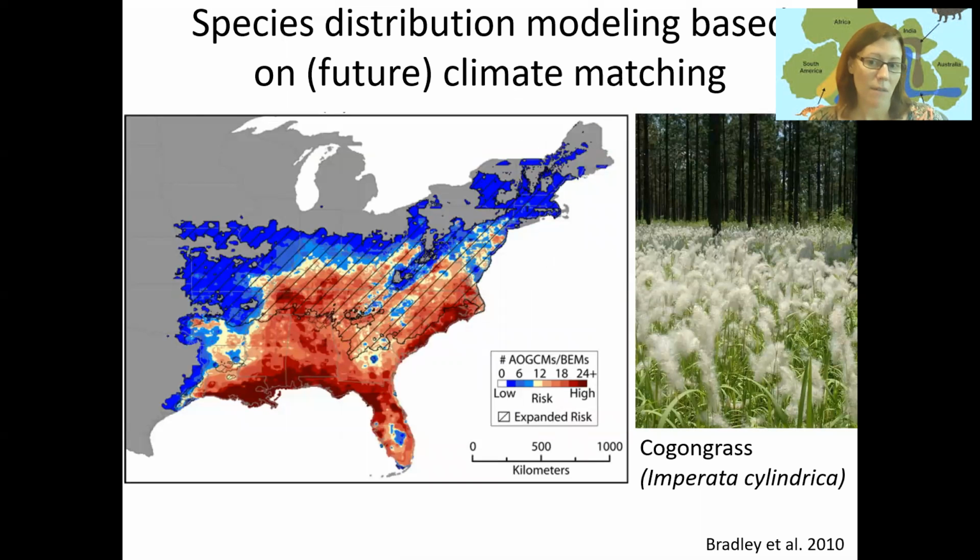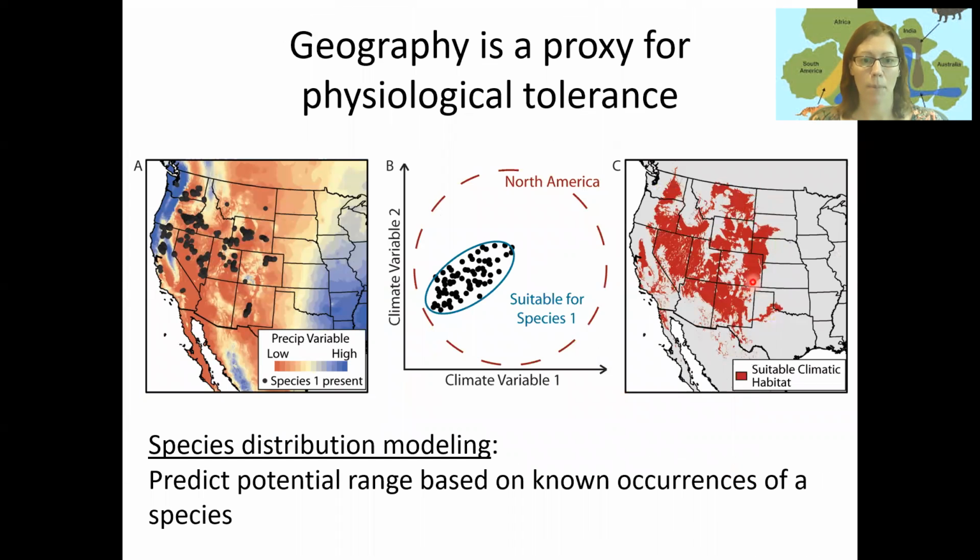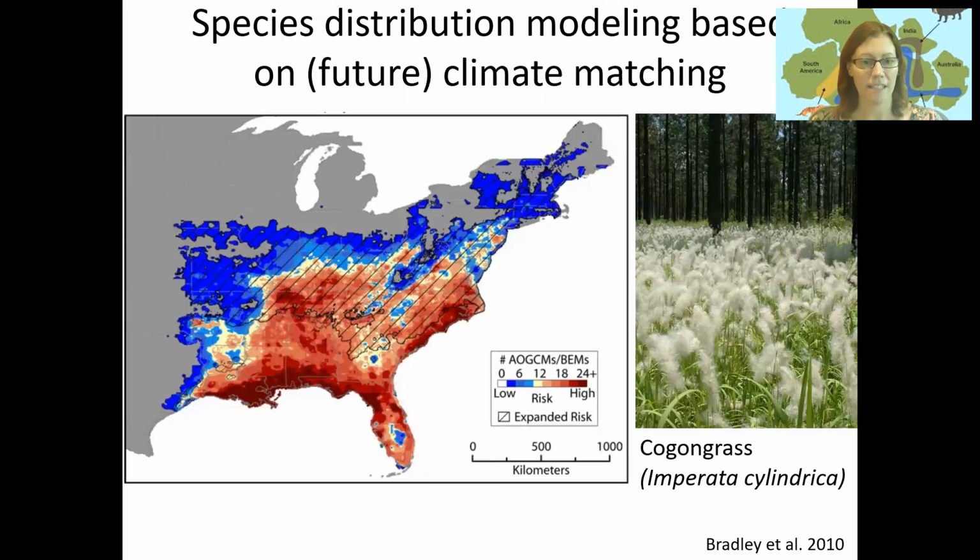You can also use the same approach to project future ranges of invasive species. So this is a map that you saw when we talked about invasive species and climate change for this species called Kogan grass. And Kogan grass right now is mostly down here on the Gulf Coast. But if you change the climate conditions, you take this information of where suitable climate is, except then rather than projecting it on current climate, we're projecting it instead on future climate models.